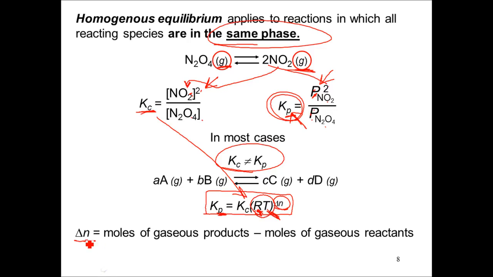So delta n is the moles of products minus the moles of reactants. And so what you would look at here is, if everybody was a gas, as they are in this sample equation, we would take the coefficients of C plus D minus the coefficients of A and B, because those would be the moles of gas.